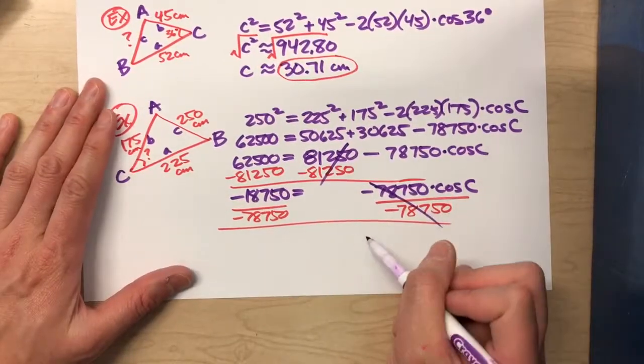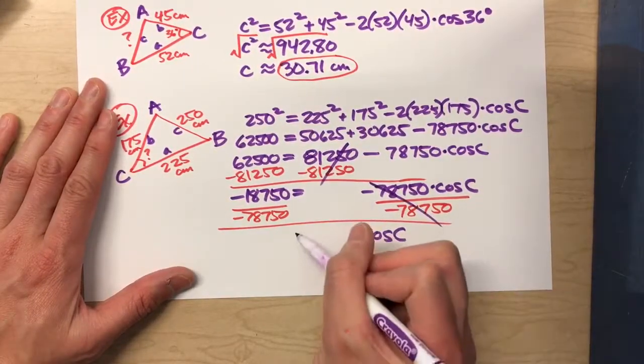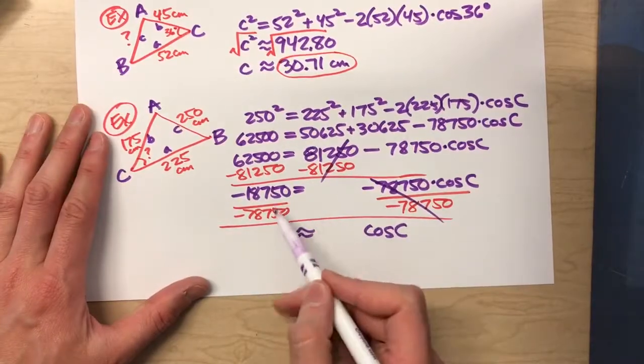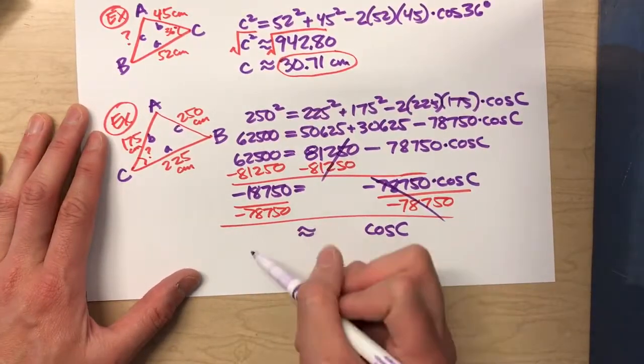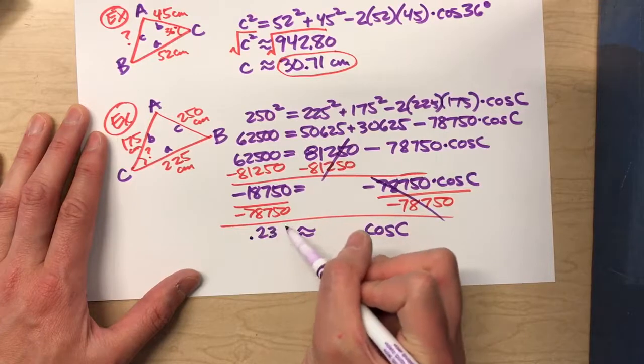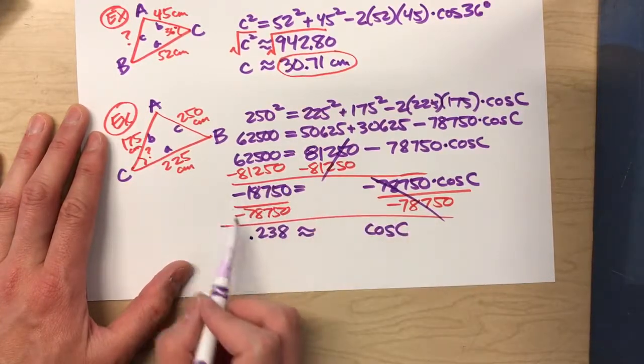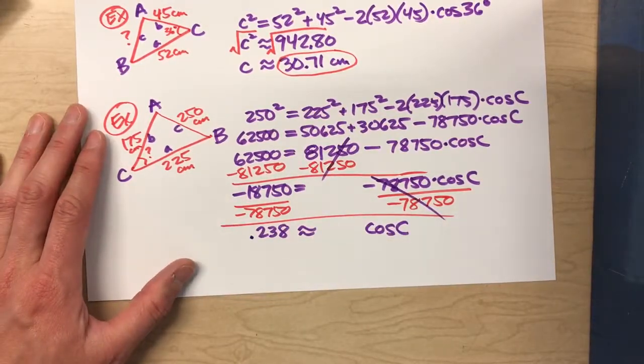I'm finally going to get to the cosine of C. If I do this on my calculator, it comes out to approximately 0.238. And it's a positive 0.238 because I'm dividing a positive by a positive.